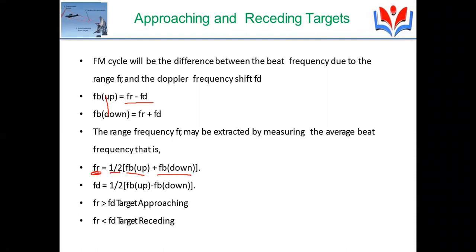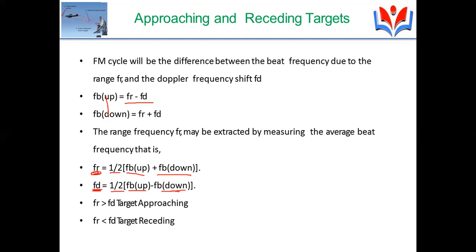Again, FD is half of the difference of these two: beat up minus beat down frequencies, divided by 2. That gives the Doppler frequency.